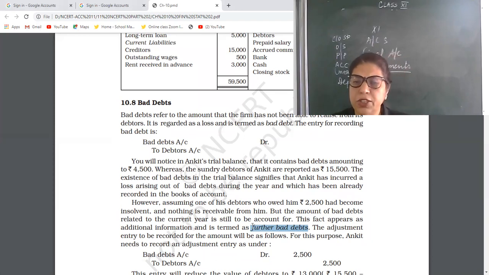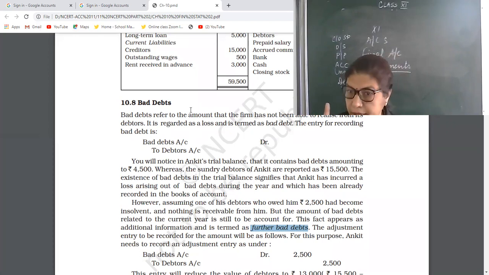So what will be the general entry? Bad debts account debit to debtors. Bad debts means those debtors who prove bad, meaning the amount irrecoverable from the debtors, the amount which is not realized. Bad debts refer to the amount that the firm has not been able to realize from its debtors.